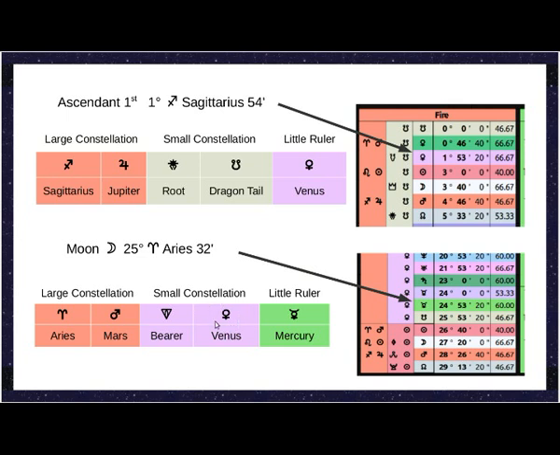The ruler of the small constellation is Venus, and we know that it's in Aries, which is ruled by Mars. So the 3 planetary rulers of 25 degrees Aries 32 minutes are Mars, Venus, and Mercury.